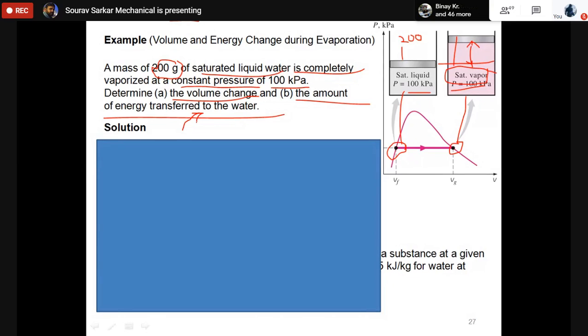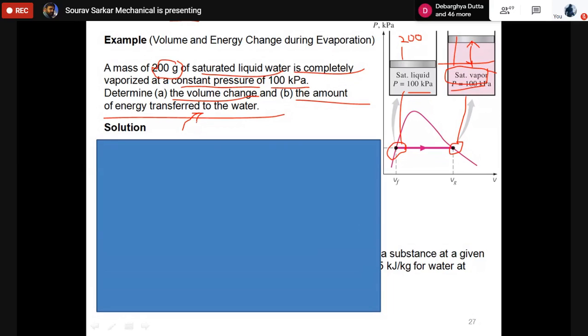Sir, here the pressure is constant, and we know that enthalpy is defined as the heat supplied at constant pressure. So we can tell that. Very good.